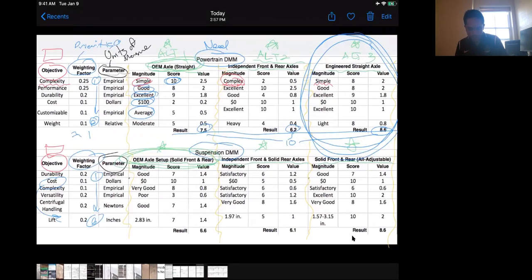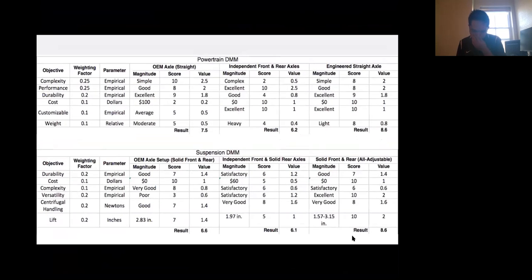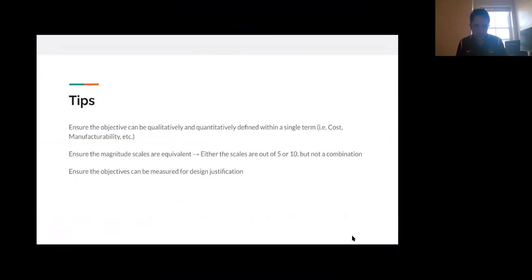And let's see if we can go back to the presentation. Oh, all right. And so to cap it off, for DMMs, ensure the objective can be qualitatively and quantitatively defined within a single term or hyphenated terms thereof, like cost, manufacturability, viability, simplicity, coherency, compliance, durability. There are so many words.